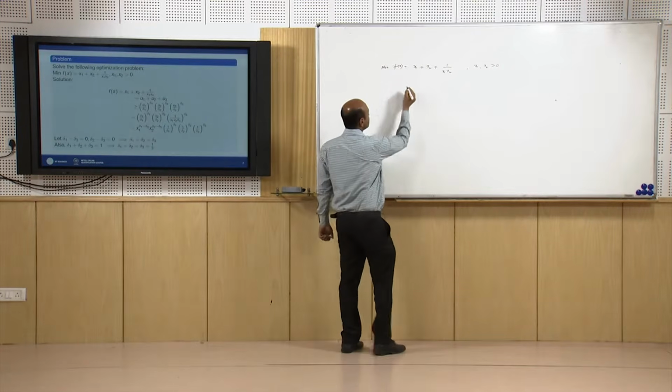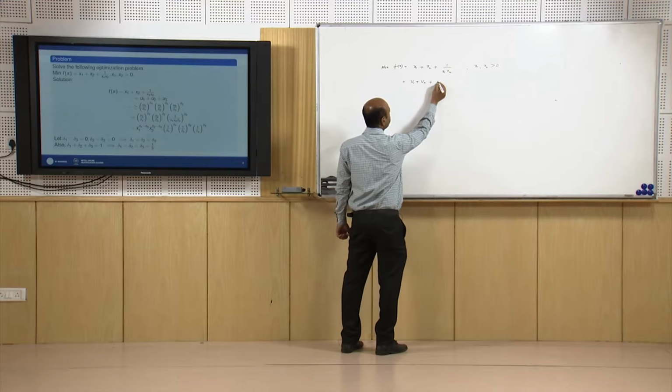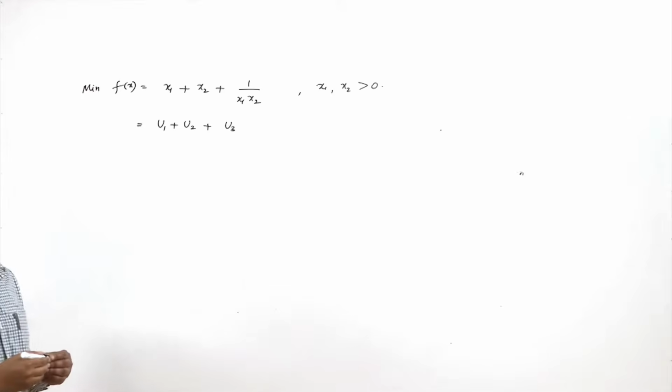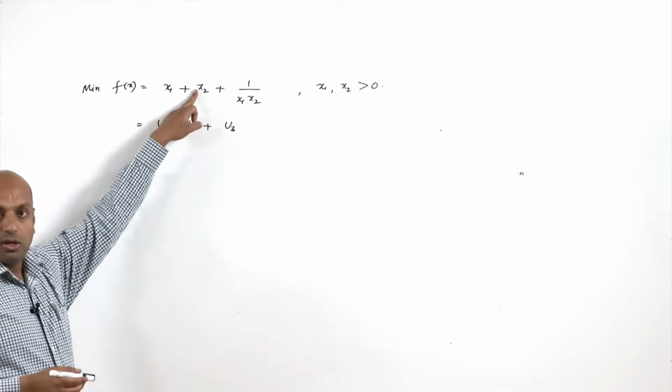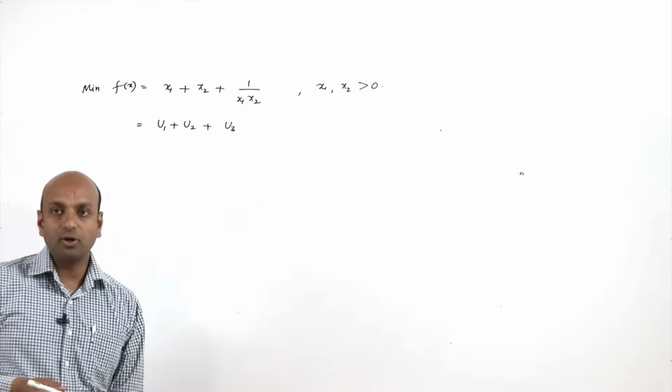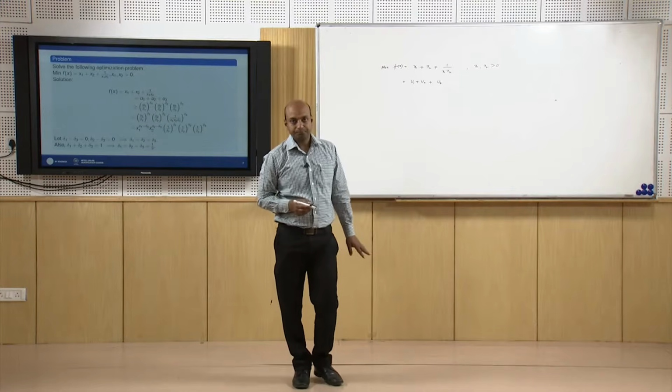Let us call this as u1 plus u2 plus u3, where u1 is the first term x1, u2 is the second term x2, and u3 is the third term which is 1 upon x1 x2. Our aim is to find out the optimal solution of this problem.